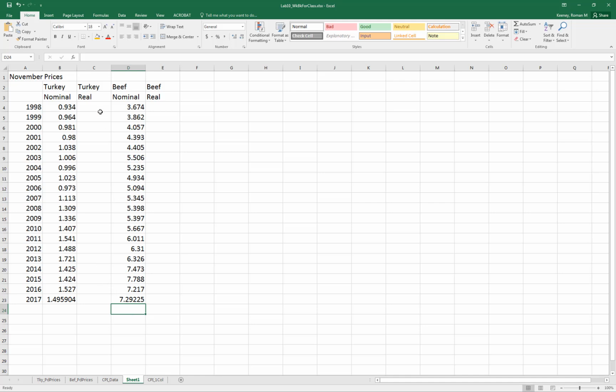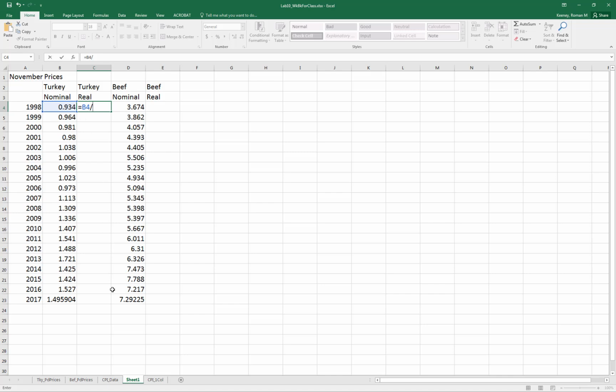Okay, so now we have all of our data on nominal prices, and we just need to do the conversion to real. And so this will be a formula that first looks at this nominal price, and then it divides it by that CPI value that we have. And so let's go with turkey. The real price is going to be equal to the nominal price, that PT, the 1998 November price for turkey.